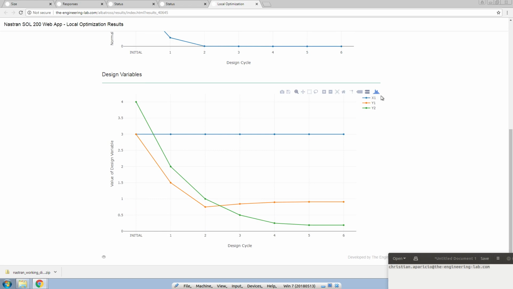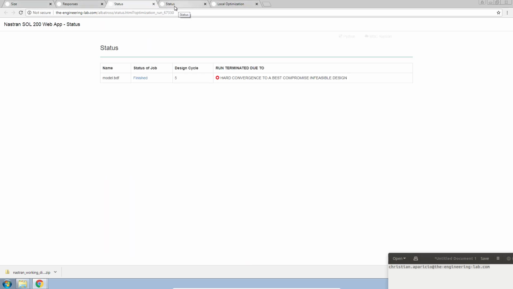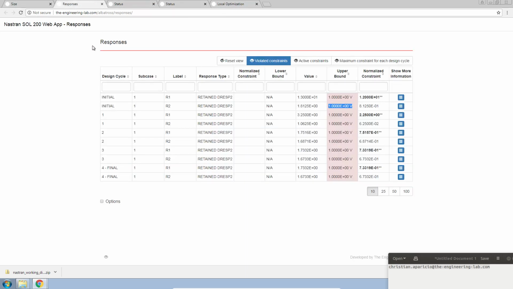So now let's go ahead and take a quick look at the design variables. We start at a value of 3, 4, and we ultimately land at 0.9 and 0.18912. Now, the one thing I want to stress here again is that if you ever encounter this message where you have hard convergence to a best compromising feasible design, use the responses app to track down which labels are being violated.